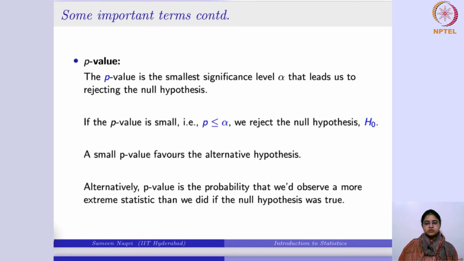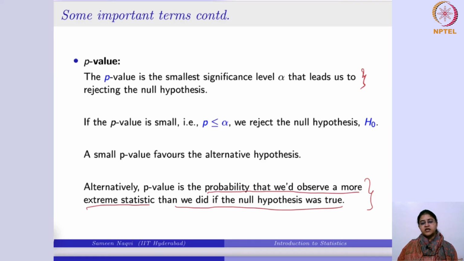Now the technical and proper definition of the p-value is that it is the probability that we would observe a more extreme statistic than we did if the null hypothesis was true. This is the important definition. It is just for your understanding, and you usually come across this, but this is the correct definition, which says that it is the probability that you would observe a more extreme statistic than you did if the null hypothesis was true.